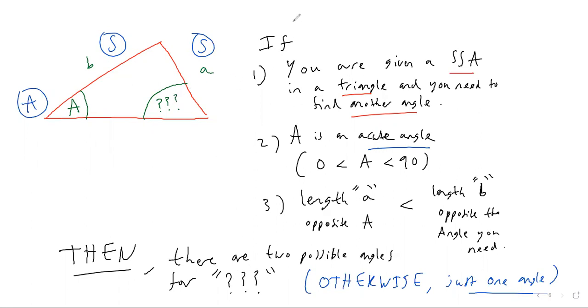So with this specific triangle, the side opposite the angle they give you in the question is smaller than the side adjacent to the angle they give you. In that case, this question mark could be two possible values. It could be this acute angle here, or it could also be an obtuse angle, this obtuse angle there.